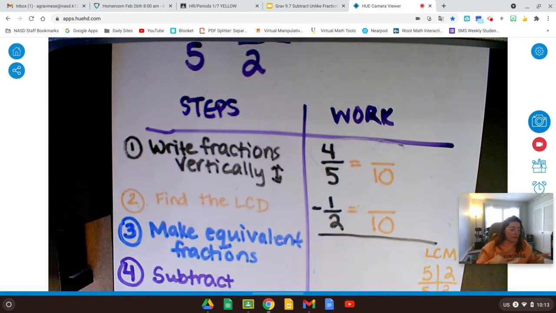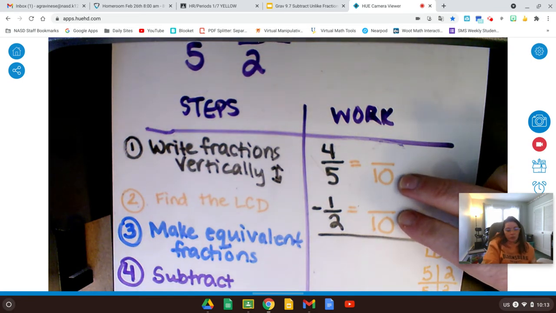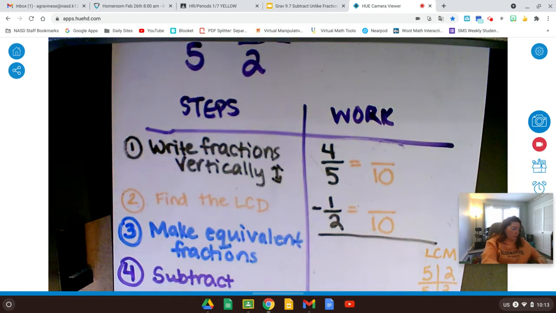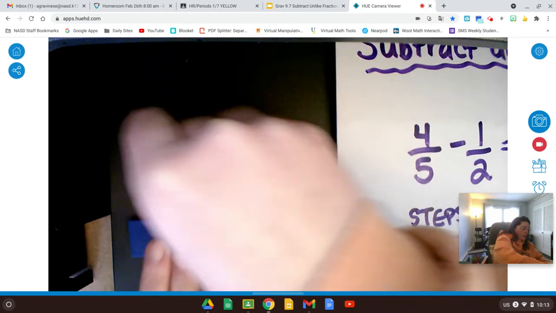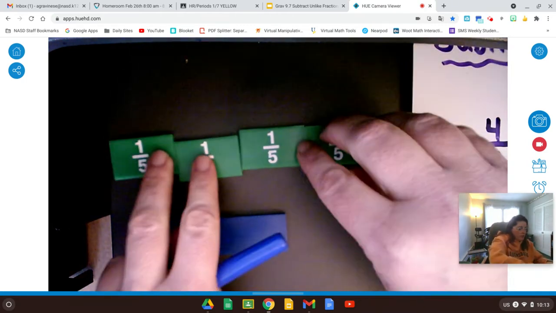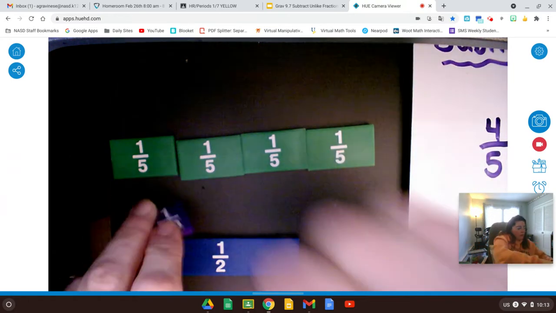So 10 will be my new denominator, my common denominator. Step 3, I need to actually change both of those fractions this time because neither of them had a 10. So I just have to make them both into tenths. In other words, when I had 4/5 and 1/2, I can use tenths pieces to cover them up.